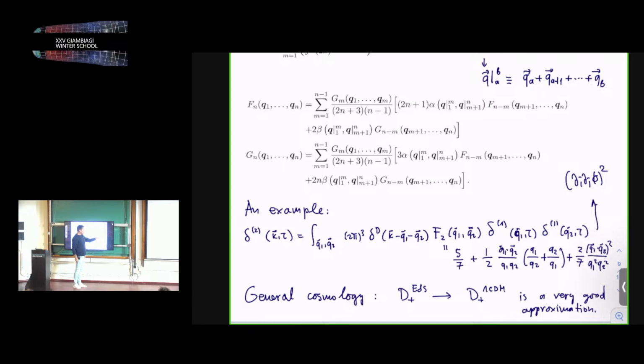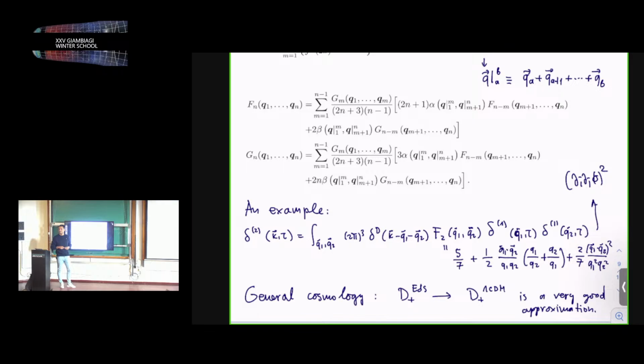If you want to convert this to delta, you will have one inverse Laplacian, and this is why you get this particular structure with Q1 dot Q2 squared divided by Q1 squared Q2 squared in Fourier space. So these two terms are telling you that the second order solution is built out of the square of the density fluctuations and the tidal field squared. The middle term has a different interpretation, and I will say a few words about it in a moment.